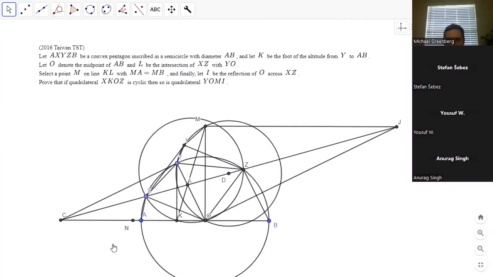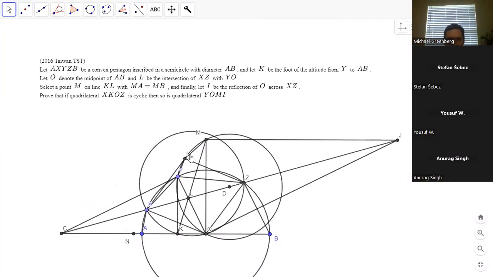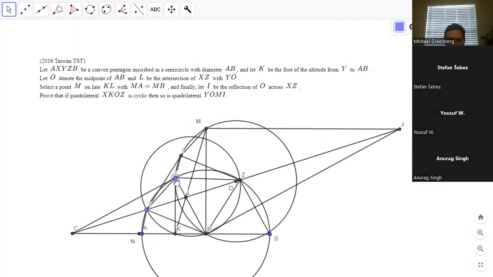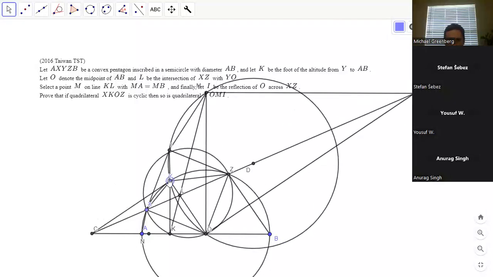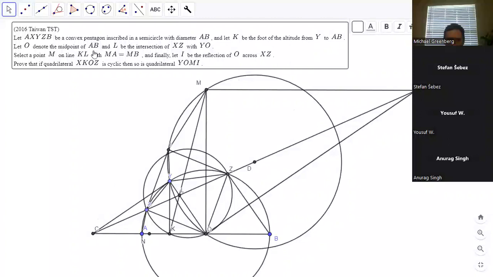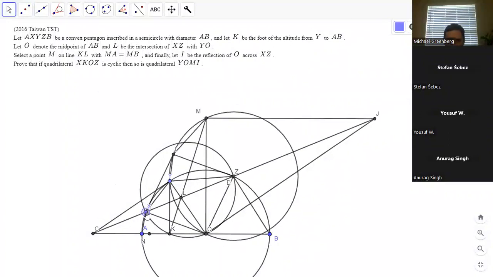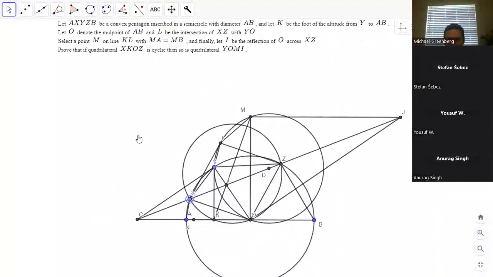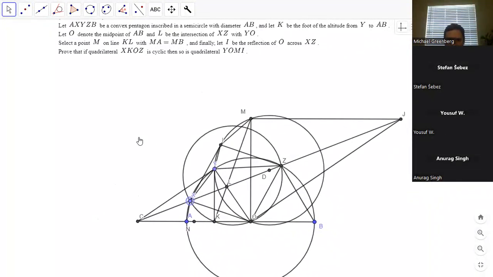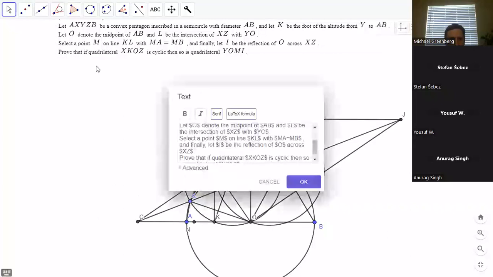Let me see how I should make space for the solution, because this is a wide diagram. How do I make J a little closer? We can make this taller. Yeah, that looks like it should give us a good amount of room.